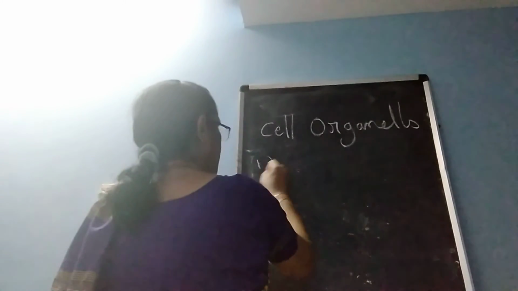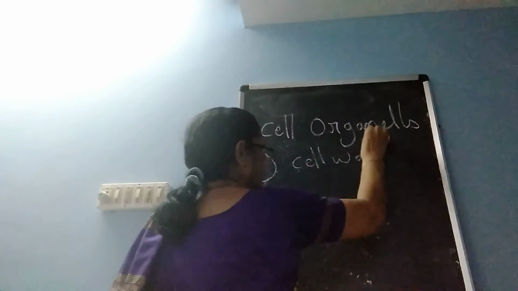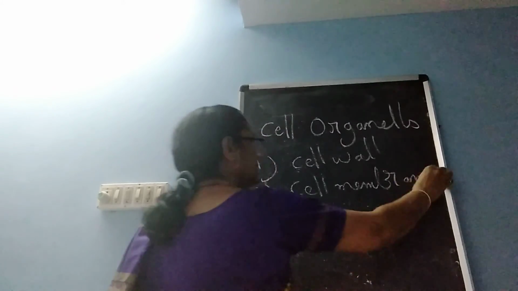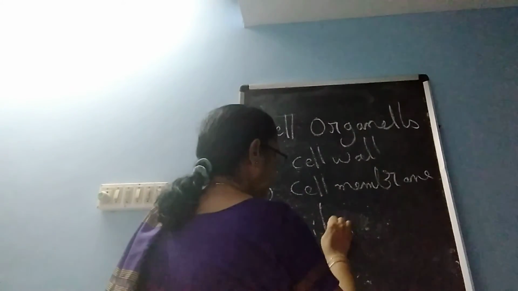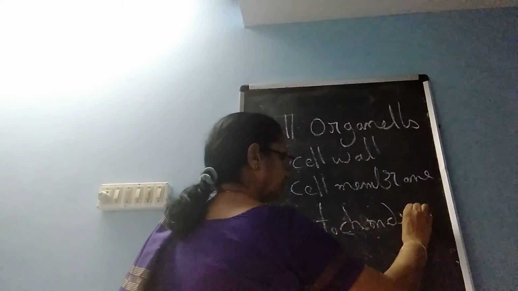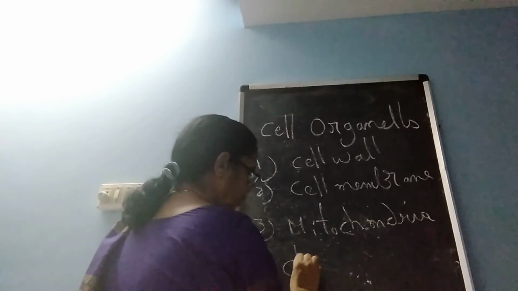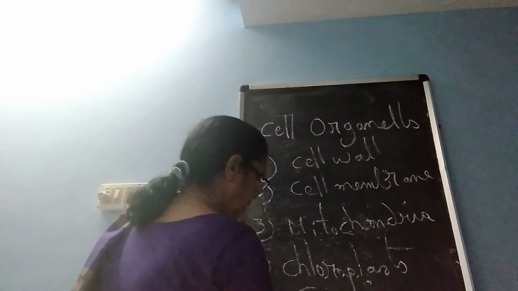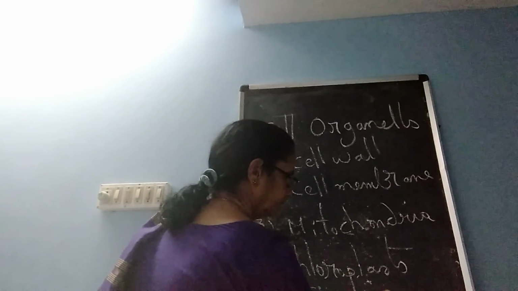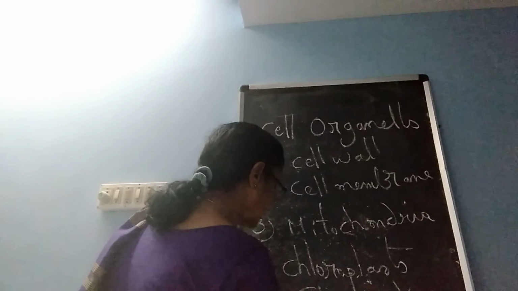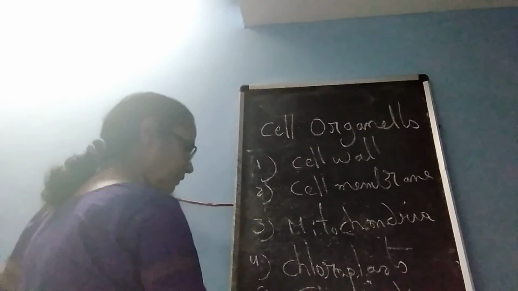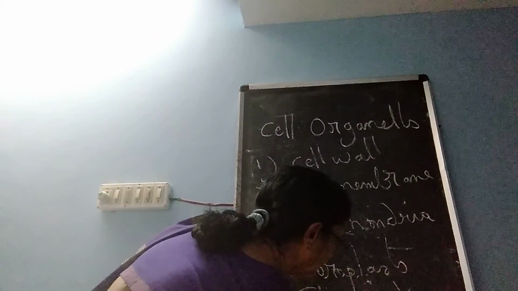The various cell organelles are: number one, the cell wall; second, the cell membrane; third, mitochondria; fourth, chloroplast; fifth, Golgi bodies; sixth, vacuoles; seventh, endoplasmic reticulum.